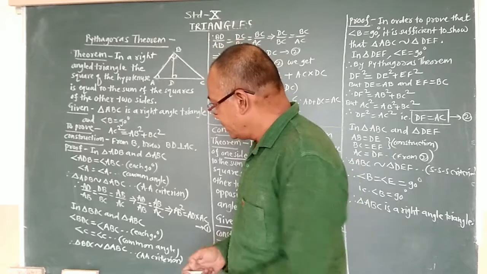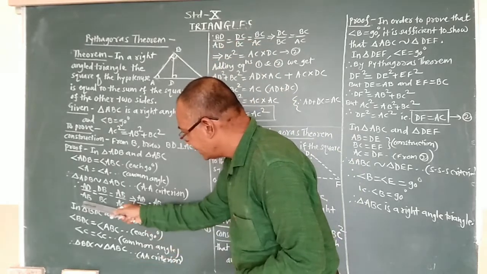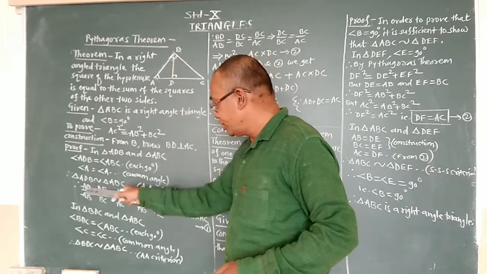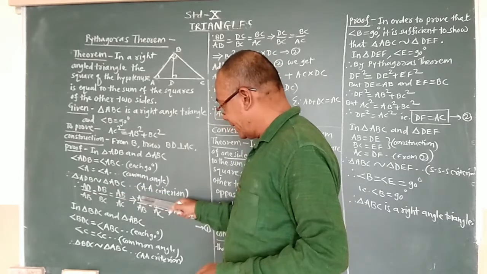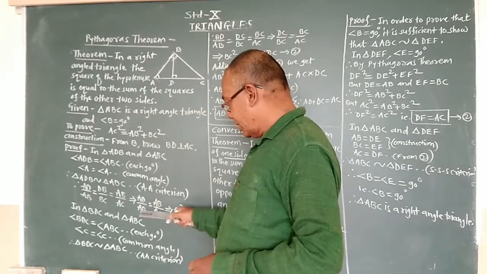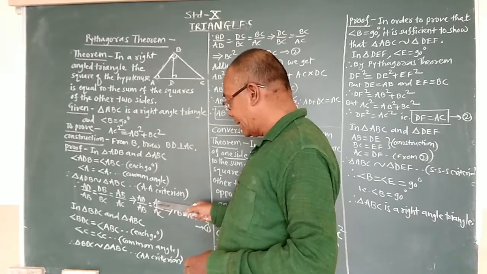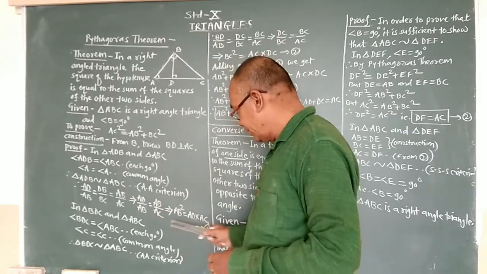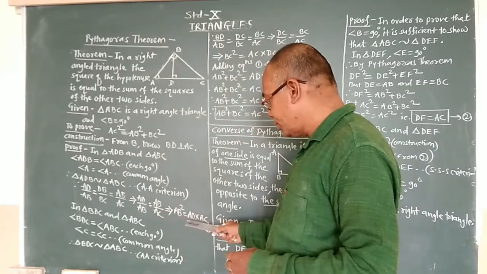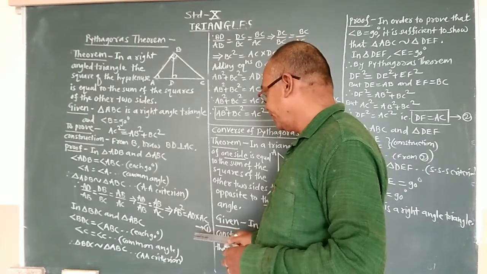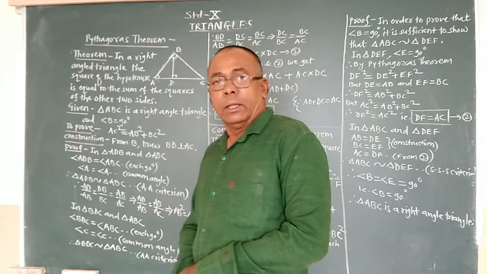Which two? The ones where AB is there in both. These two ratios we have to select, means AD upon AB is equal to AB upon AC. Now if we cross multiply, we get AB square is equal to AD into AC, and that is our equation number 1.